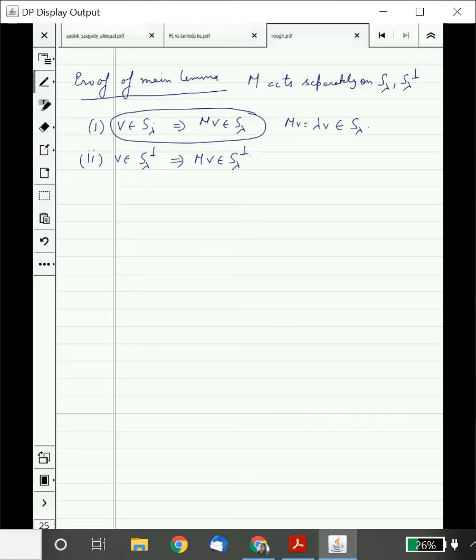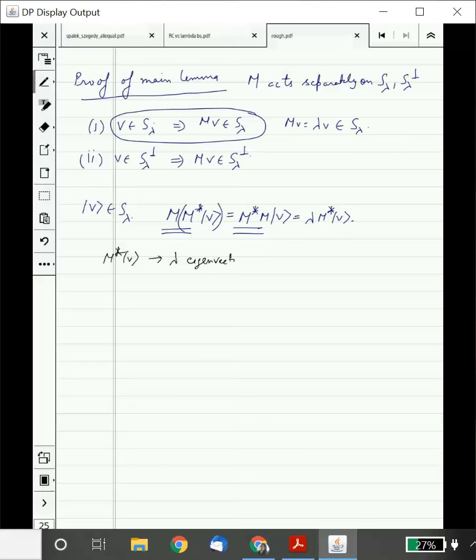Suppose I have a vector V in S lambda, the original space, and I look at the action of M star on vector V. I know, because matrix M is normal (this is where I am using the normality of M), that this is lambda M star V. Notice this shows that M star V is a lambda eigenvector.